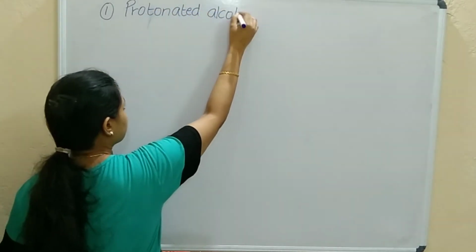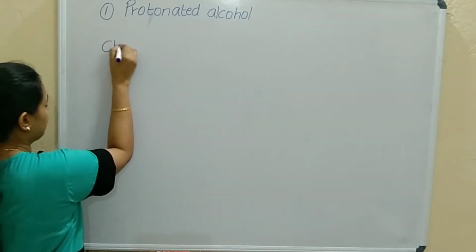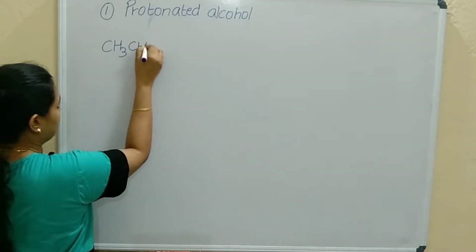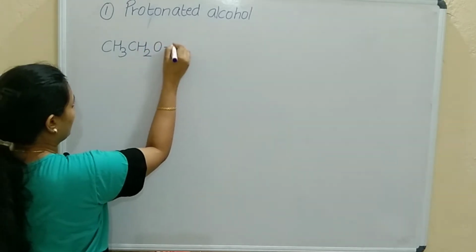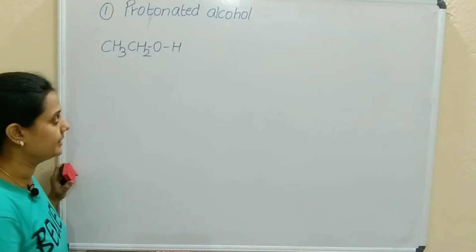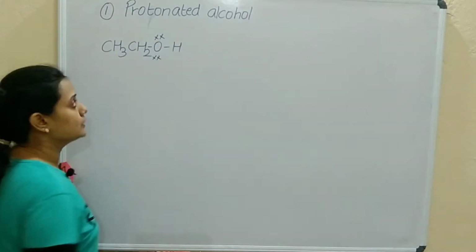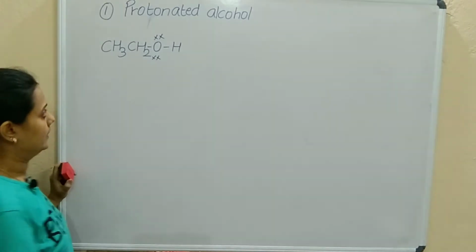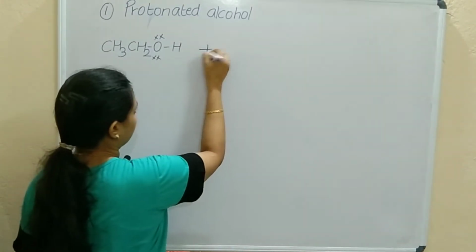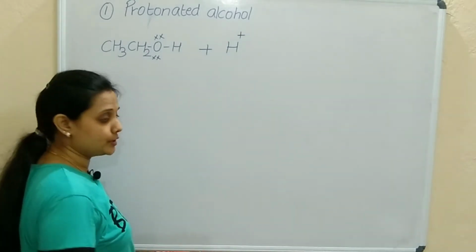We are taking the example of a primary alcohol here. I'll write the example: CH3CH2OH. Primary alcohol I have taken. Then oxygen, we know it has 2 lone pairs of electrons. Into this we are adding an acid, H plus, from H2SO4.